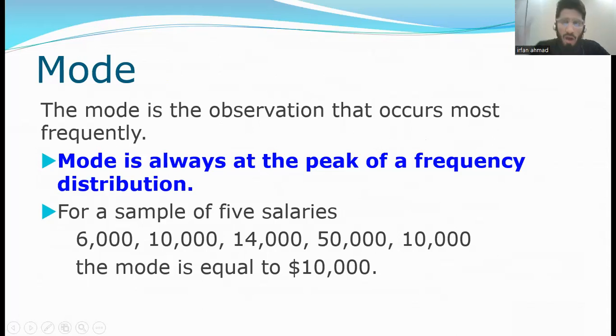When we draw a graph, the mode will always be at the peak of the frequency distribution, because the graph increases when the frequency of that figure increases. So you will find it at the peak of the frequency graph or frequency table. For example, take 5 salaries: 6,000, 10,000, 14,000, 5,000 and 10,000. The mode is 10,000 because it is repeated 2 times.